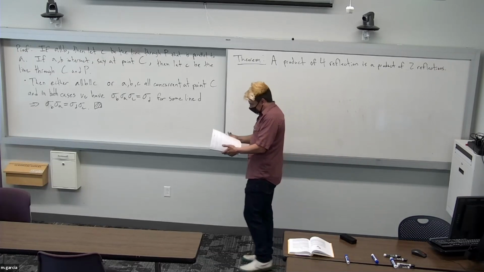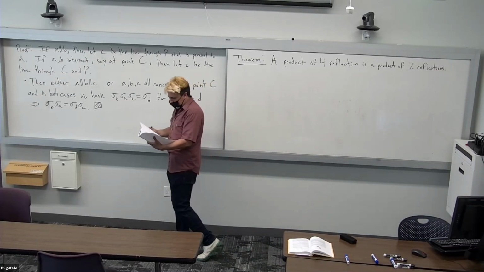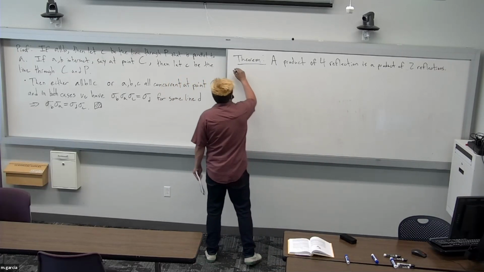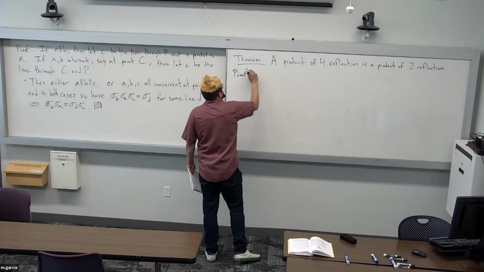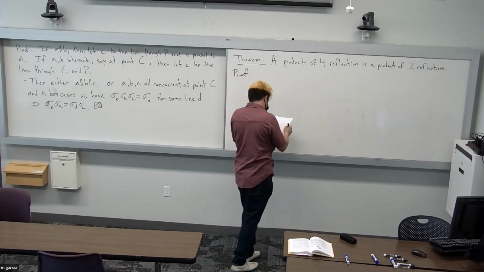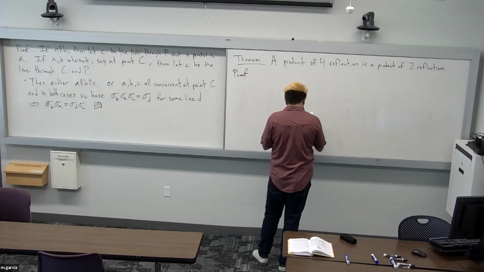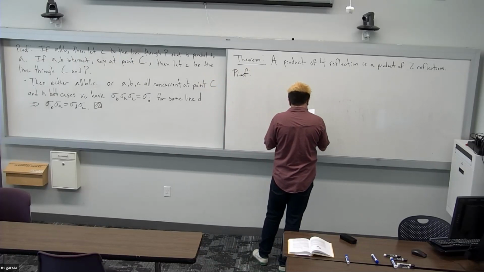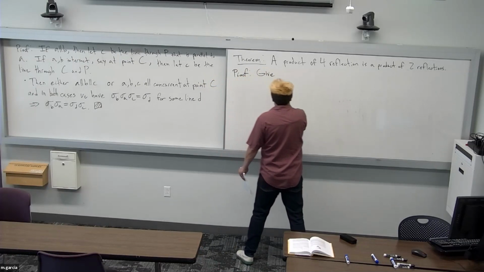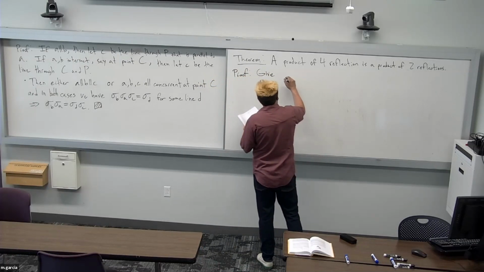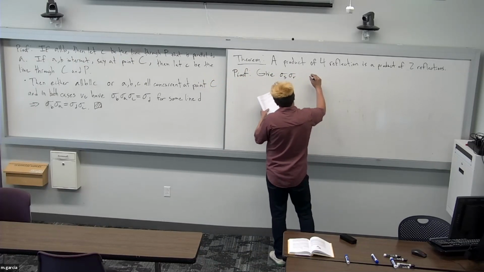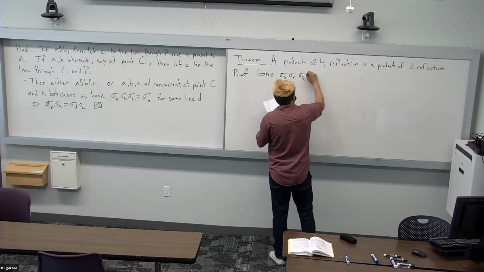And this depends on a couple applications of our lemma. So let's take a product of 4 reflections. I'll call this sigma S, sigma R, sigma Q, sigma P.